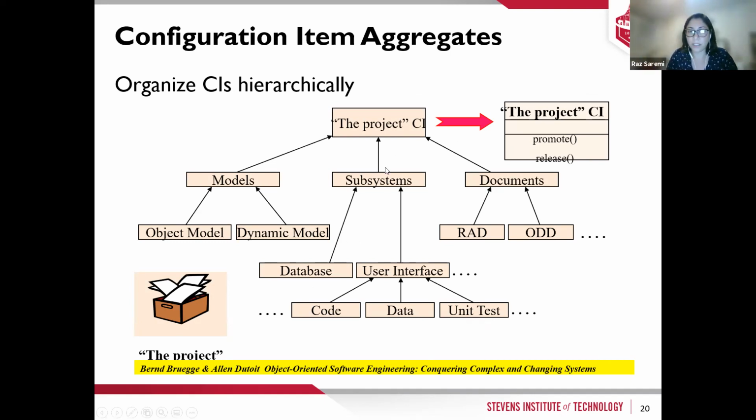So in a project, I have different subsystems, for example, user interface as one subsystem, another subsystem that works with the code, another one for my database, another one my unit test, right? Each of these subsystems has a configuration item, then they combine and create another configuration item for user interface.